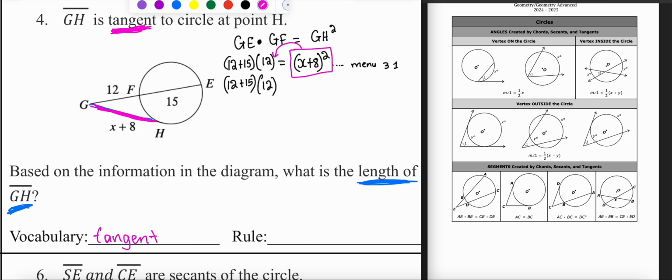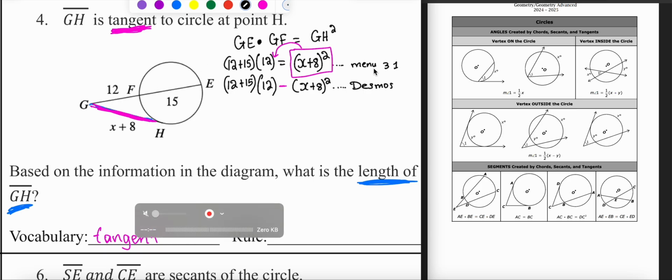So if it was positive, it becomes negative. So we're going to have negative x plus 8 all square. And we're going to use Desmos for this one.